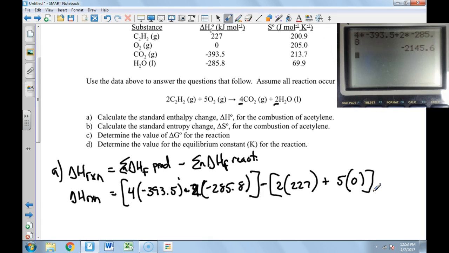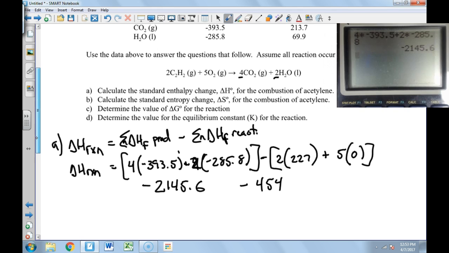And so then we have negative 2145.6 minus 2 times 227, which I can do in my head as 454.